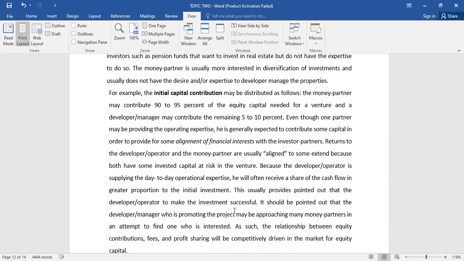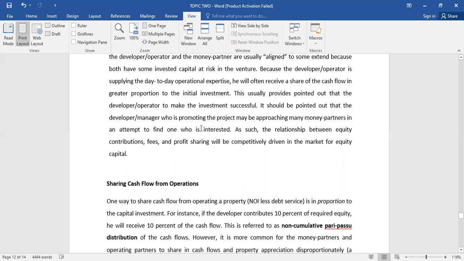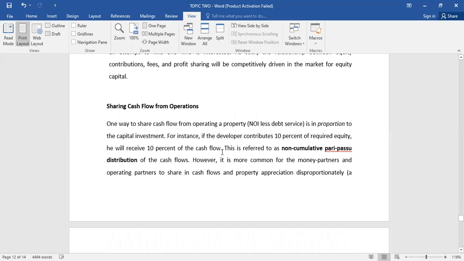It should also be pointed out that the developer who is promoting the project may approach many money partners in an attempt to find one who is interested. So they are also involved in the marketing job, and all this involves their quality time. So the relationship between equity contribution, fees, and profit sharing will be competitively driven in the market for equity capital. And you will see that when we come to the calculation of the IRRs of the JVs.